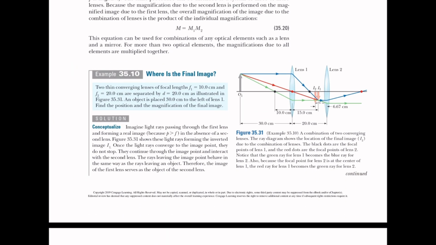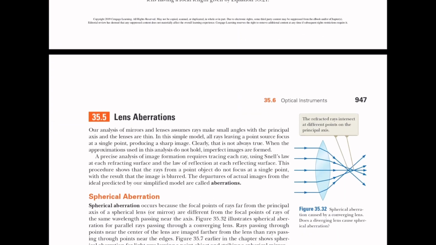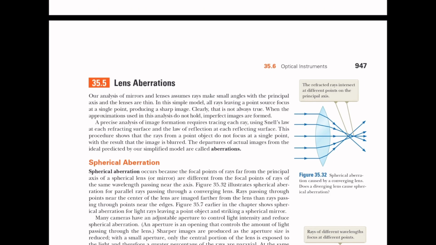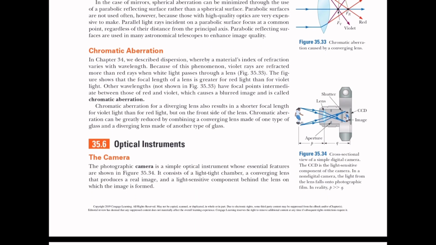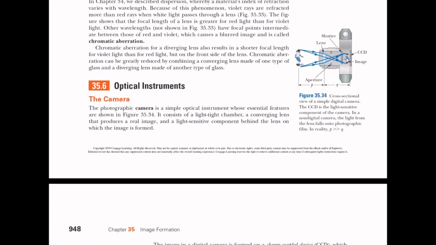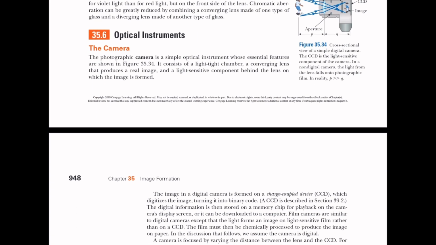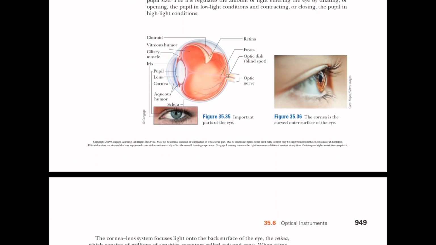Combination of thin lenses. I just want to see the end part of this because the 10th edition doesn't include the eye, the camera. It just says optical devices or something like that. Lens aberrations. I have no idea what aberration means, so maybe I'm going to search Wikipedia or ChatGPT for that. Optical instruments. Okay, here actually they have subsections. The first one is the camera, then it's the eye.